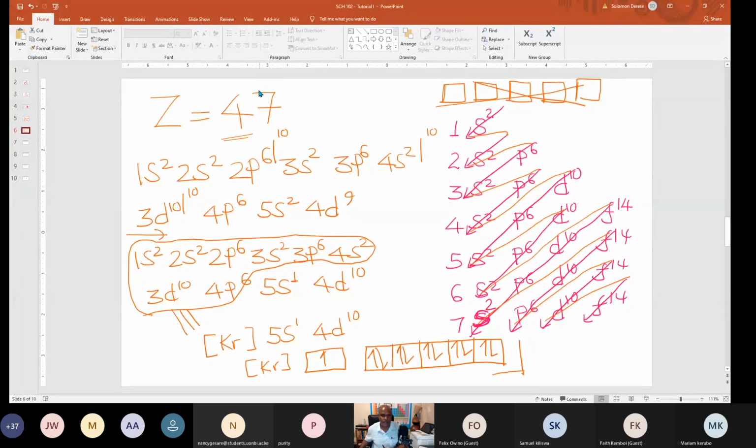The element just before this will be 4d10 according to this. So it will not have any electrons in the 5s. Okay. So it will be krypton, and then 4d10.